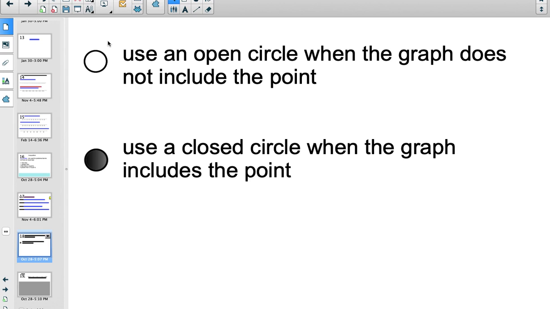You use the closed circle to include the point. So I have at least $20, and I would shade in 20 and then shade to the right, increasing. All right, so open circle, closed circle.